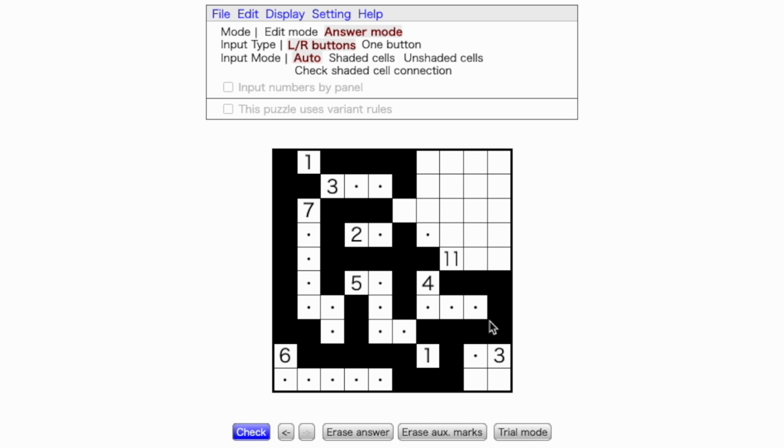This is not shaded. The 3 can't be like this because we would leave a stranded cell, so it's got to be like that. And now we've got a big 11 region, and we're going to end up not having to actually count it, hopefully, because this region is now stranded and this needs to come out here.